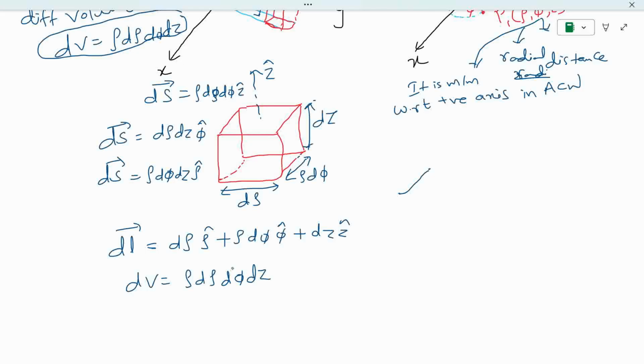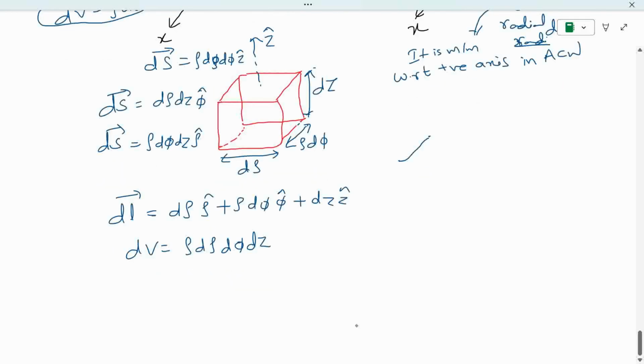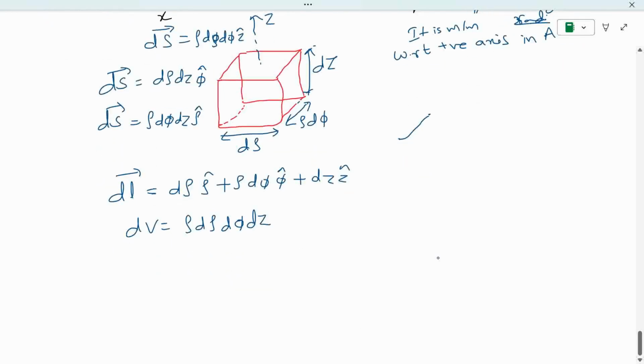So now we have seen how it varies in this. The dot product: we have two vectors like this, one with rho cap plus a phi phi cap.